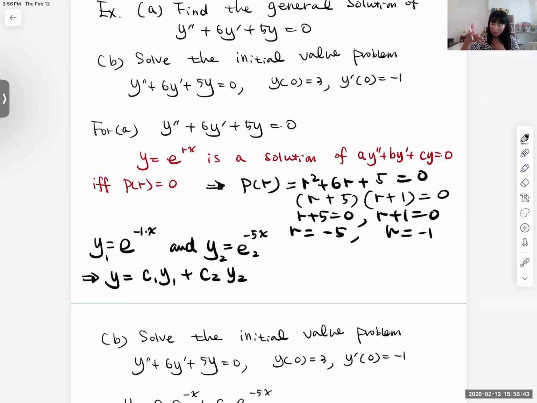So it's a solution of the homogeneous equation, right? Okay. So this is a general solution, right? There will be y equal to c sub 1 y sub 1, which is e to the negative x, plus c sub 2 y sub 2, which is e to the negative 5x. Yeah? General solution. Make sense?